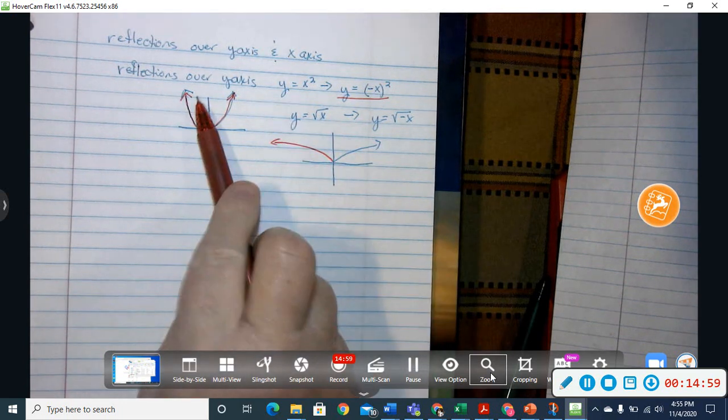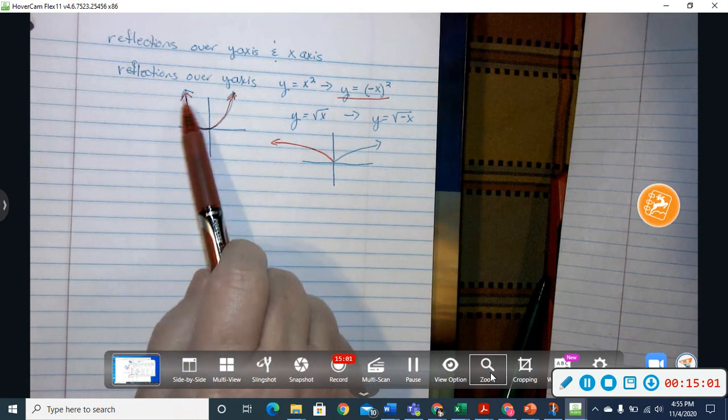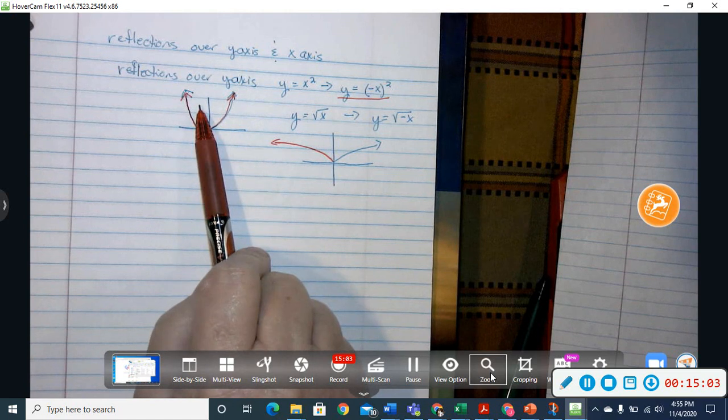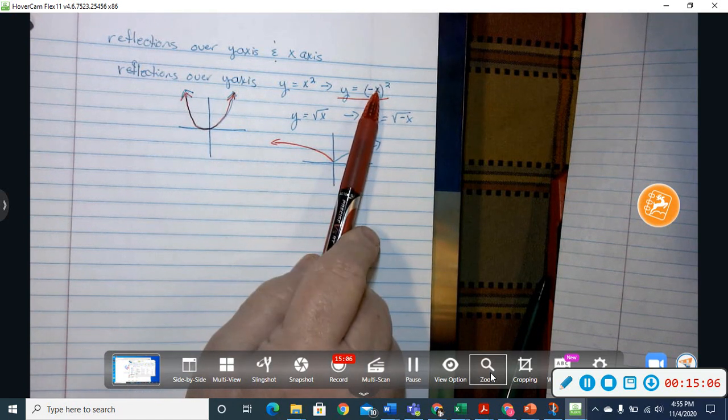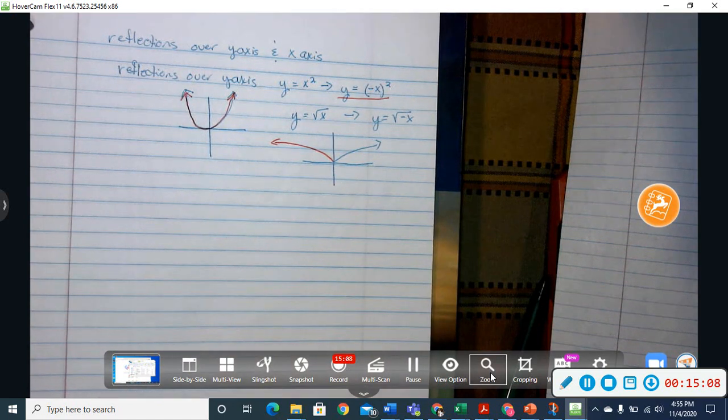So reflections over the y-axis sometimes can be visually hard to distinguish with the parabola, that is one of the cases where that reflection over the y-axis is difficult to see.